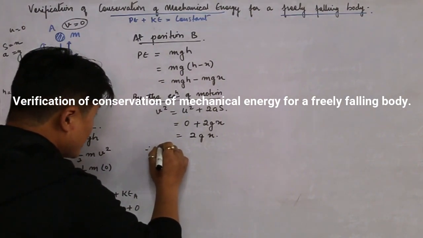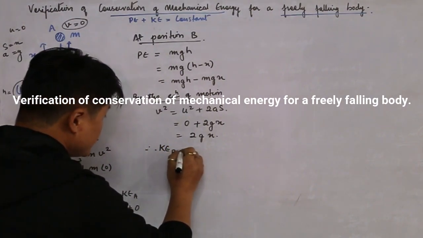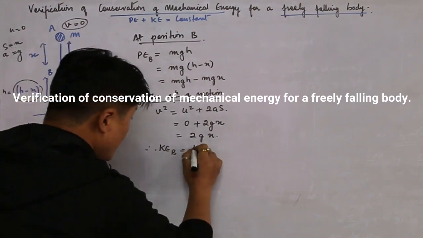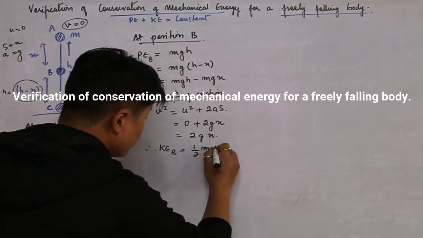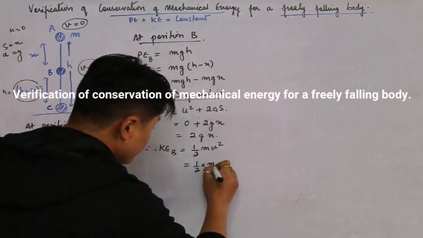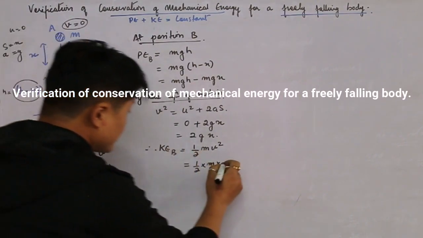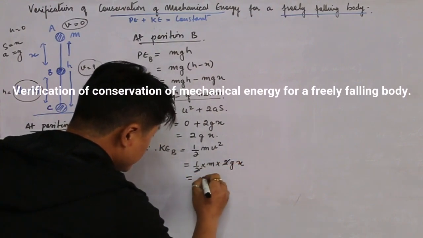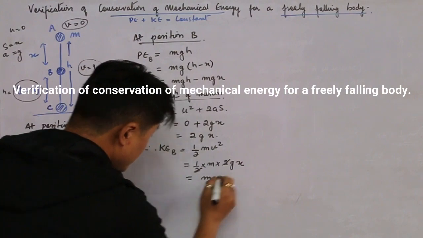Therefore kinetic energy at B is half mv square, which is 1 by 2 into m into 2gx. The 2 will get cancelled, so this will be mgx.